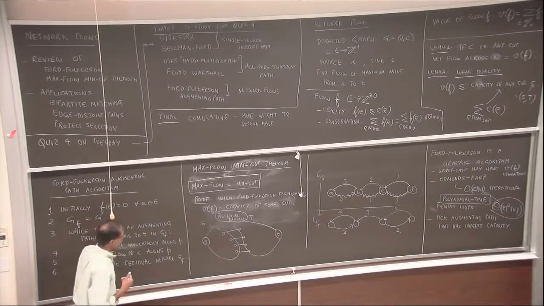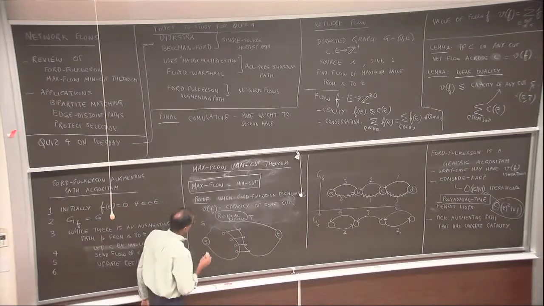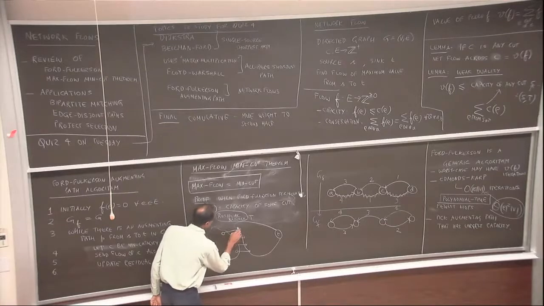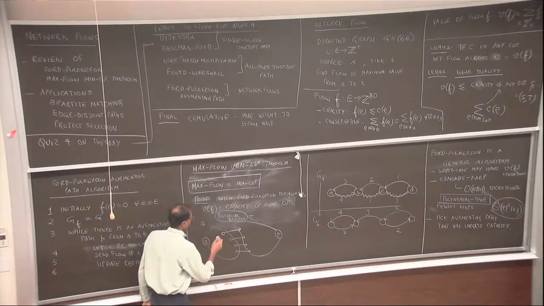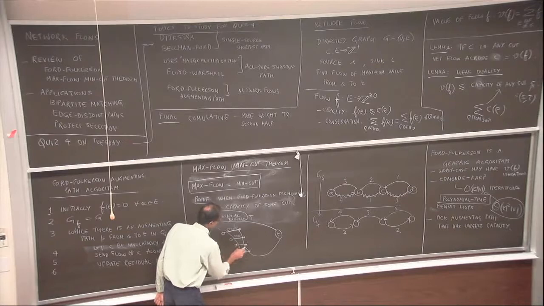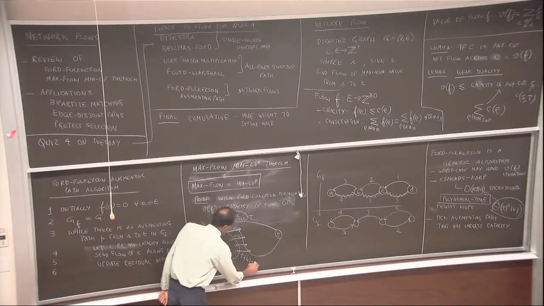Good. So every edge that is going from here to here in the original graph has 0 capacity in the residual network. That means the flow on each of these edges in the original graph is equal to the capacity.